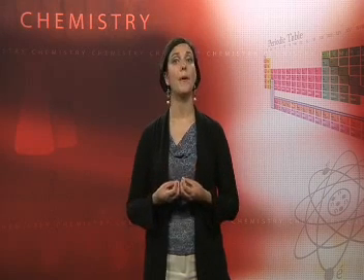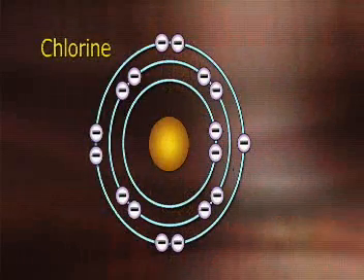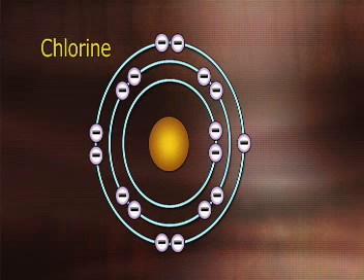Here we have an example of several atoms drawn using Bohr's representation. Consider what we have learned about the 2n squared formula. If we look at the chlorine atom, we can see that there are 2 electrons at the first energy level, or the K shell, 8 electrons on the L shell, and 7 electrons on the M shell.